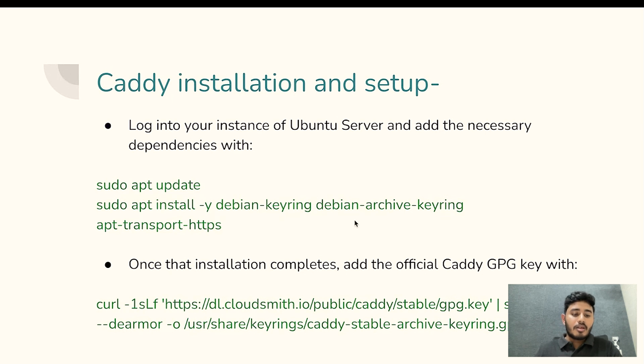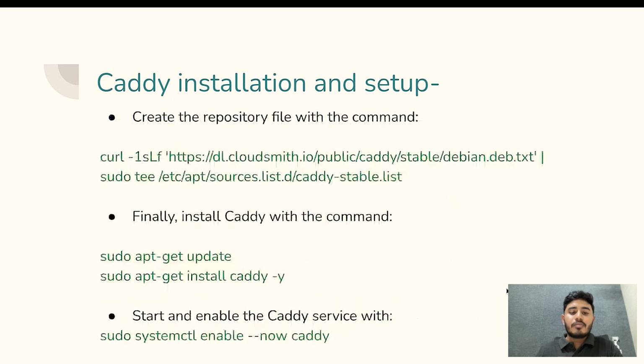And then we are installing the official GPG key from the keyring. After that, we are also installing the repository file for Caddy from the official Caddy site. And finally, we are installing Caddy and enabling it.